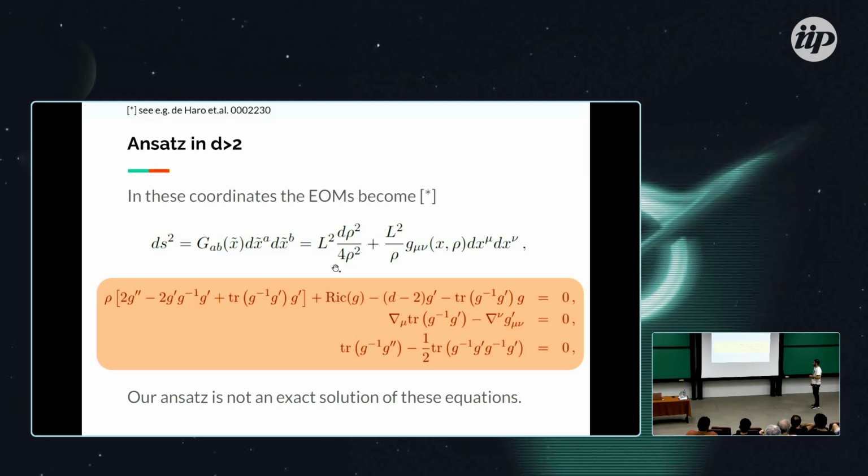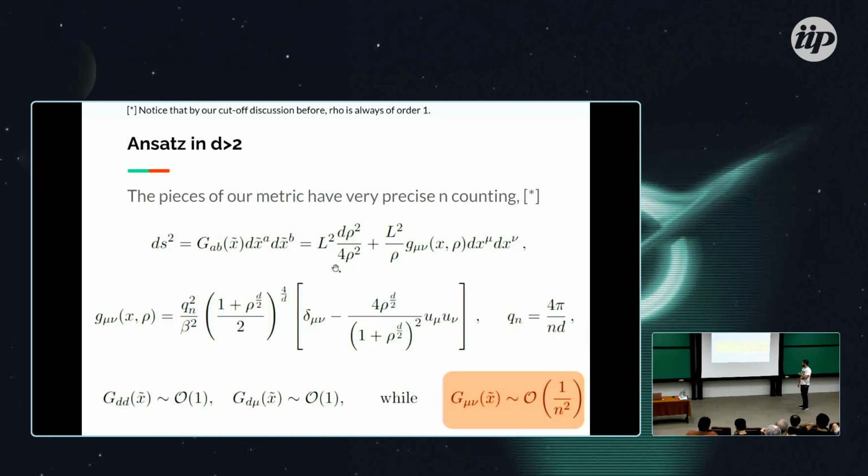These are the Einstein-Hilbert equations. And of course, it needs not to say that our ansatz is not an exact solution of these equations. Otherwise, we would be more happy than we already are. But what one can notice is that by gauge choice, I'm calling this big G the metric on the full bulk, and this small g_mu nu the metric at the boundary.